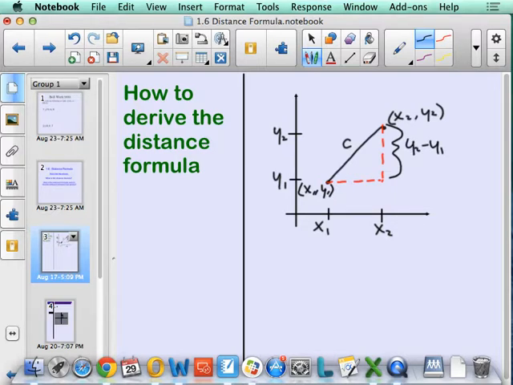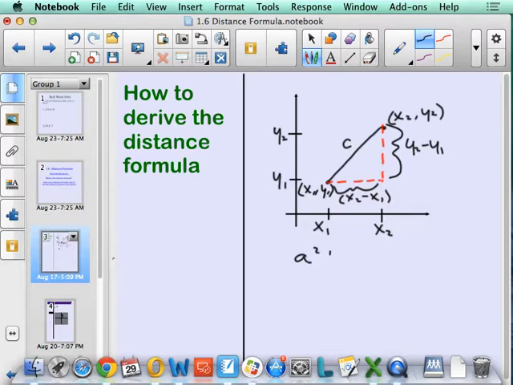That would give us the distance of that red dash line. If we wanted to find the distance of this line, we would take x2 and subtract x1 from that.